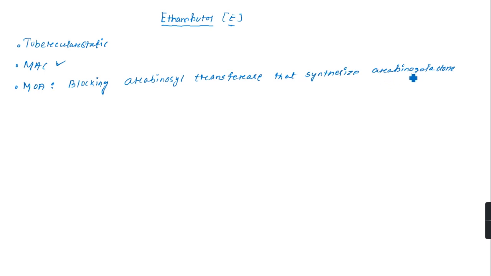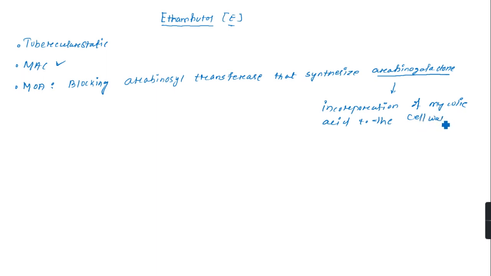What is the role of arabinogalactan? Arabinogalactan helps in the incorporation of mycolic acid into the cell wall.